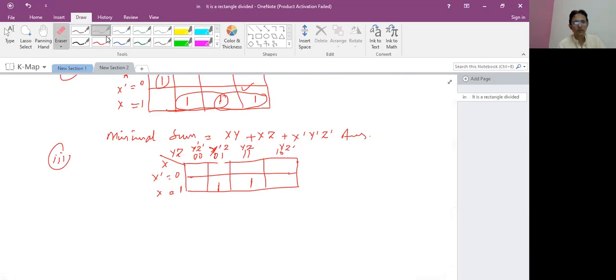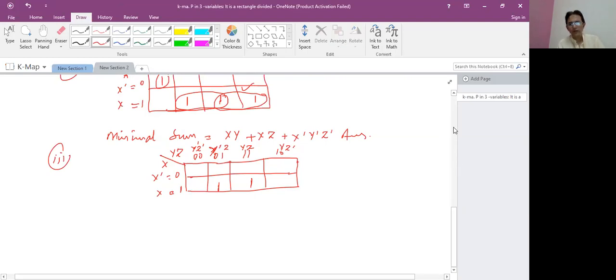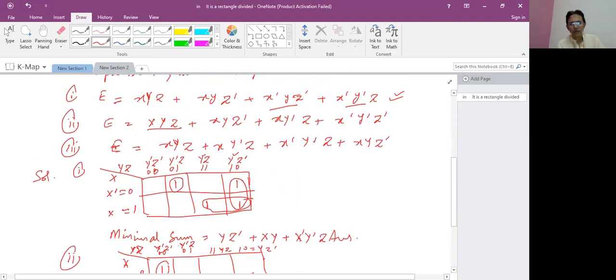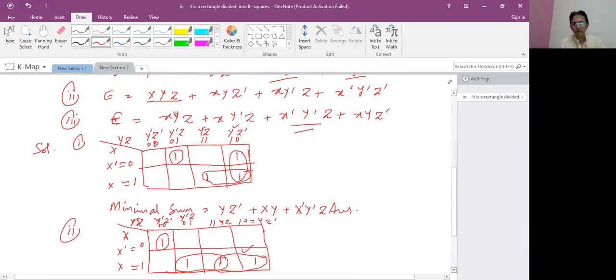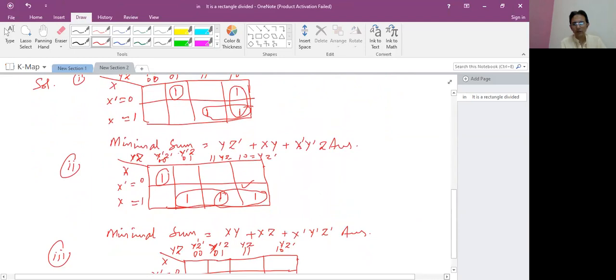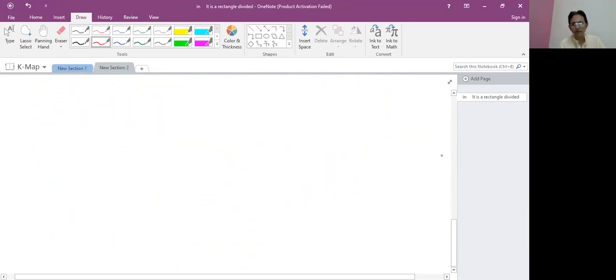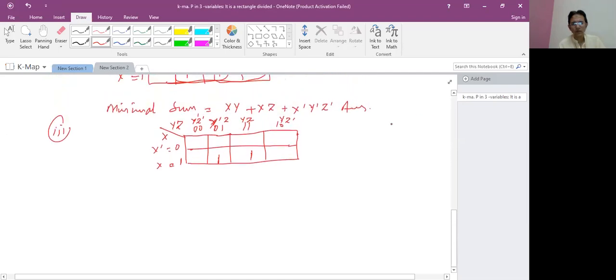Right? Now the third term is x complement, y complement and z.